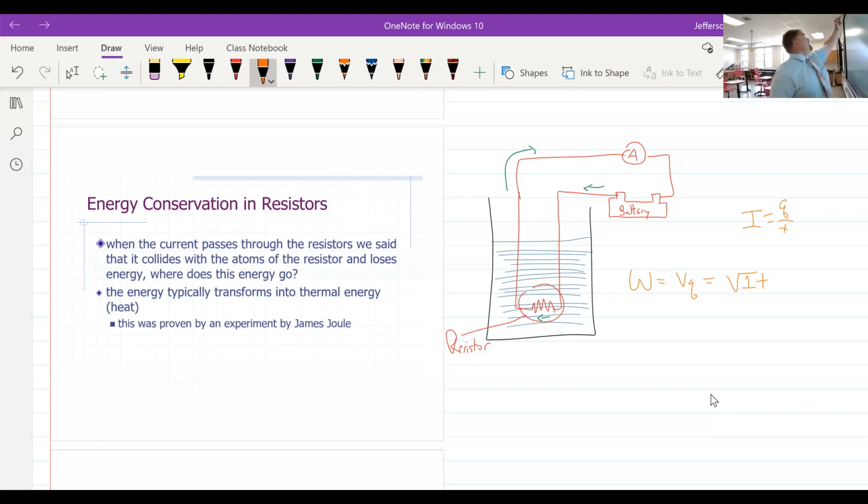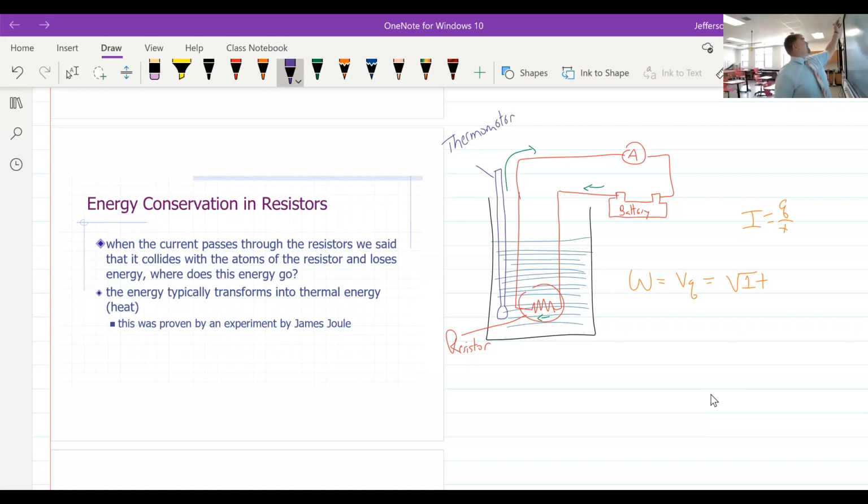Well, what he then did was, and I'll put this in purple, he would put a thermometer here. And he was able to show that as you left this on, the temperature of the water would increase.